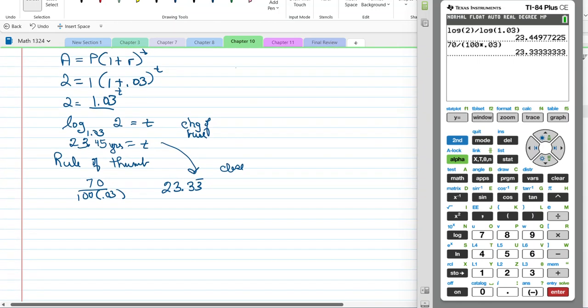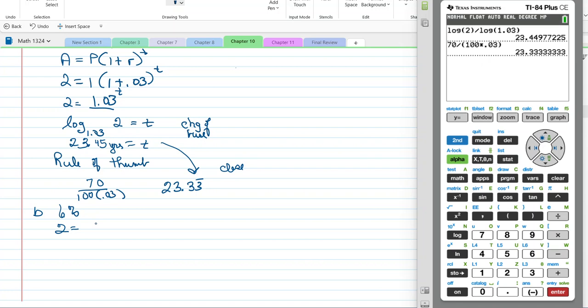Now we're going to do 6%. So we have 2 equals 1 times (1 plus 0.06) raised to the t. 2 equals 1.06 to the t. So base, exponent, product. I'm going to have log base 1.06 of 2 equals t. So I'm going to do change of base.